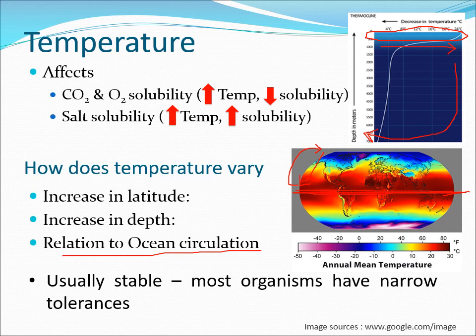At the same time, with changing temperature conditions, certain other chemical properties also vary in the water bodies, such as the solubility of carbon dioxide and oxygen. With temperature increase, the solubility of carbon dioxide and oxygen decreases. So the dissolved oxygen in the water column comes out of the water body.